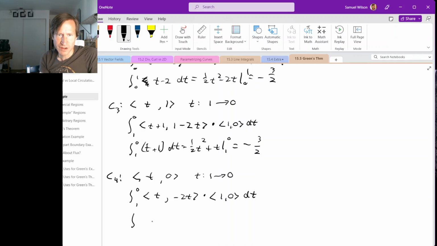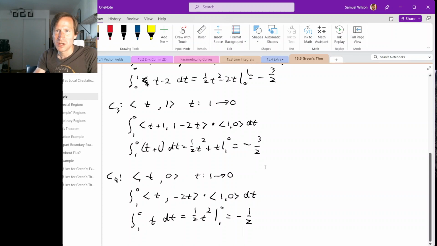Doing the dot product, we get the integral from 1 to 0 of t dt, which gives us 1/2 t squared from 1 to 0, and that's minus 1/2, because the non-zero term comes from the bottom bound.